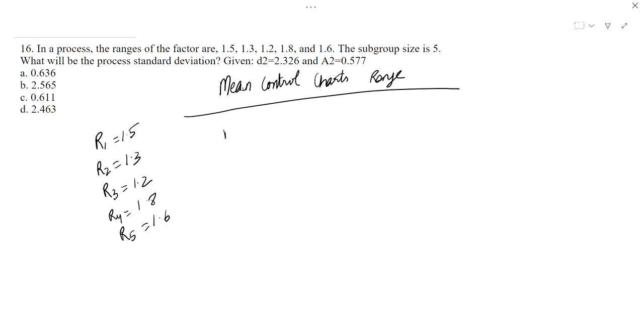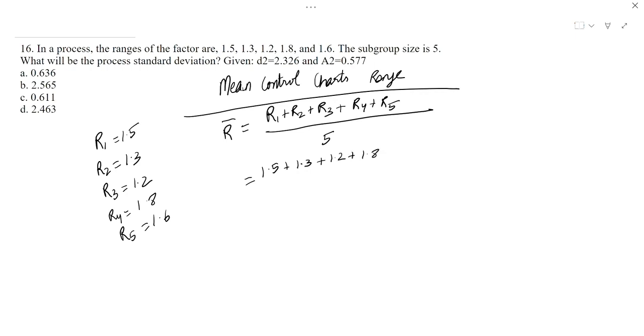First we will find R bar. R bar is equal to R1 plus R2 plus R3 plus R4 plus R5 by 5. This becomes 1.5 plus 1.3 plus 1.2 plus 1.8 plus 1.6 by 5, which is 7.4 by 5, equal to 1.48.